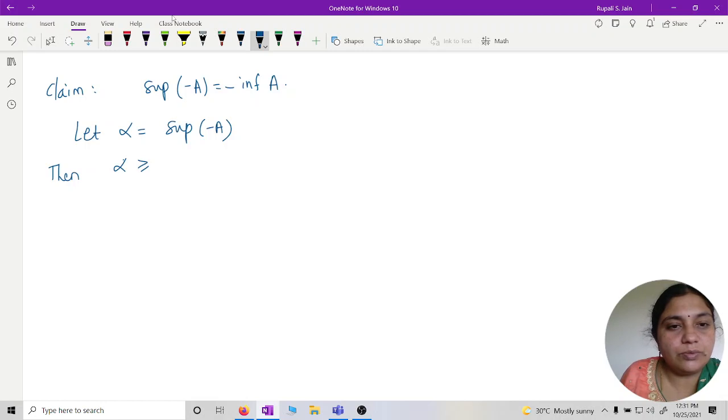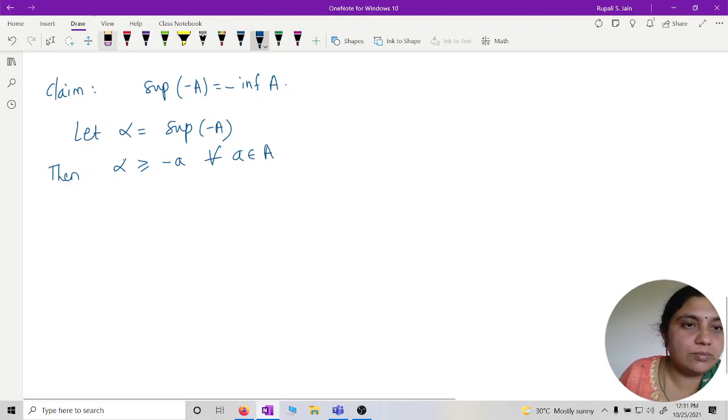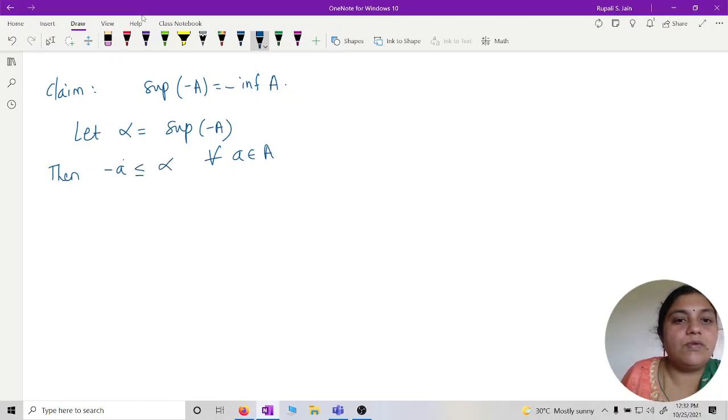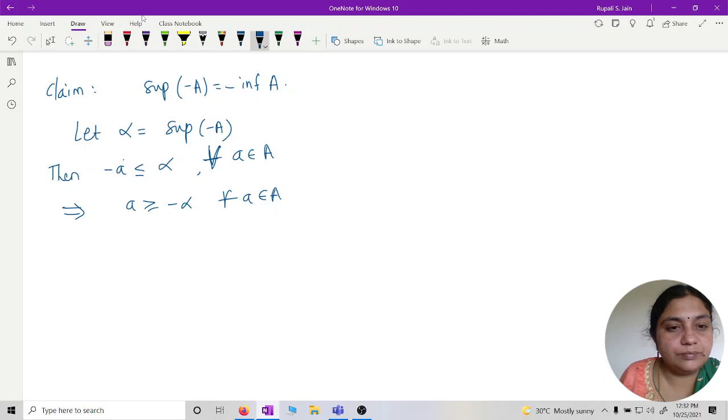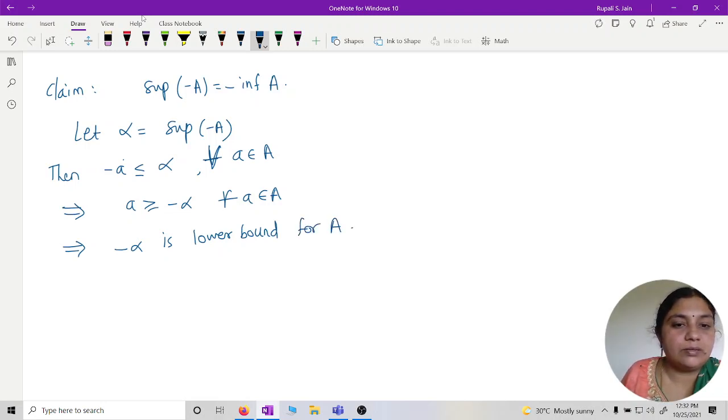Then minus a is less than or equal to alpha for all a belongs to A. This implies a is greater than or equal to minus alpha for all a belongs to A. This implies minus alpha is a lower bound for A. So we have assumed alpha is the supremum and we have found a lower bound.